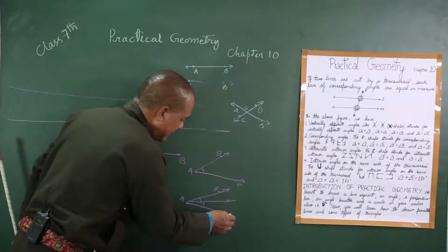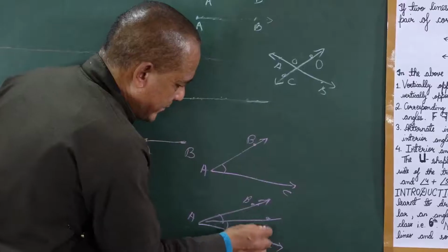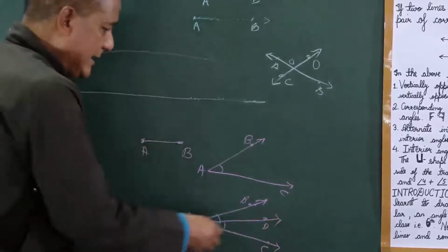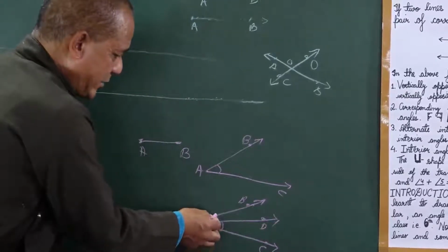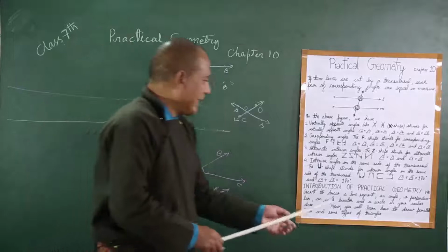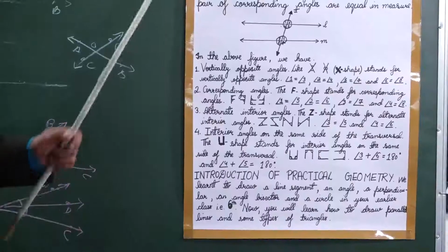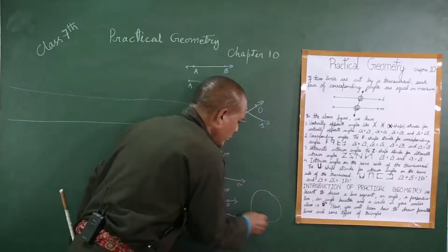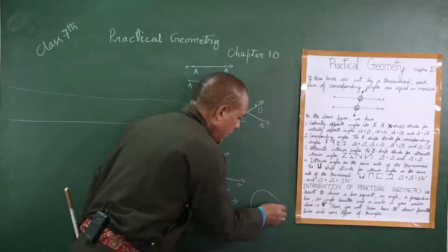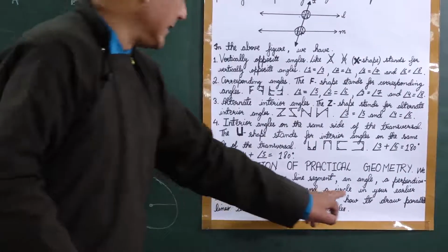This is equal to that. Then you have circle. How to draw a circle? You came to know how to draw a circle while you were in 6th standard.